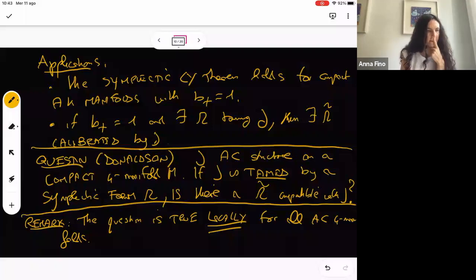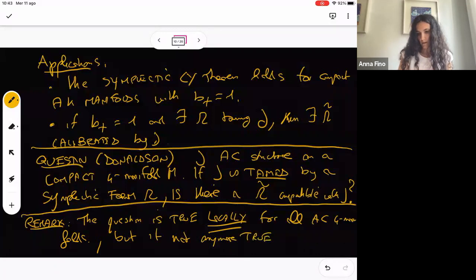This is nice, and I will say a few words on why we work in four dimensions, but it's not anymore true, even locally, in higher dimension, for n bigger than 2. So there is a big difference about this question in real dimension 4 and in higher dimension.